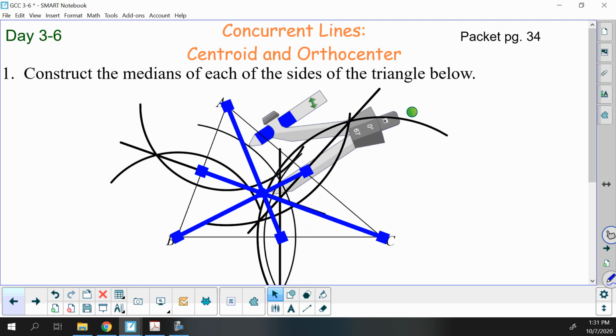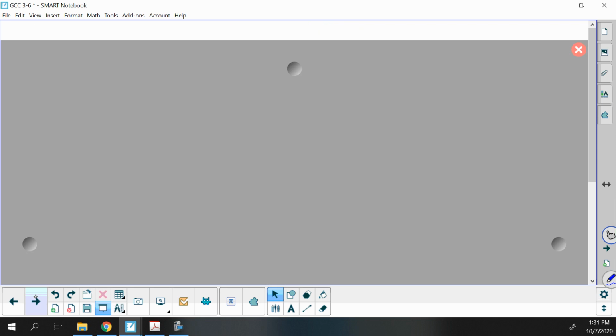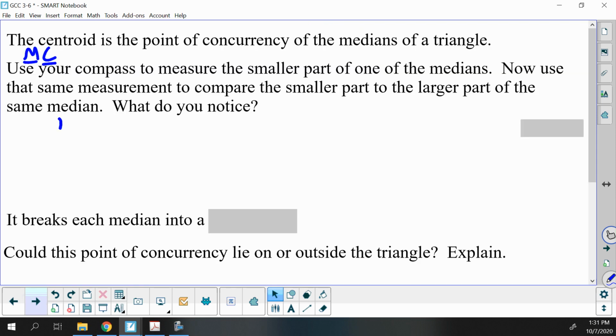Well, let's see how many of those fit here. There's one, and then there's two. So two of the small parts fit into the big part. So a conclusion that we can make is that the larger part is twice the smaller part.